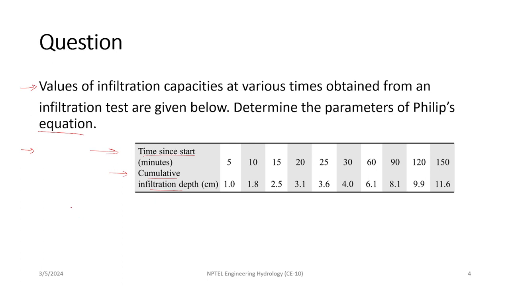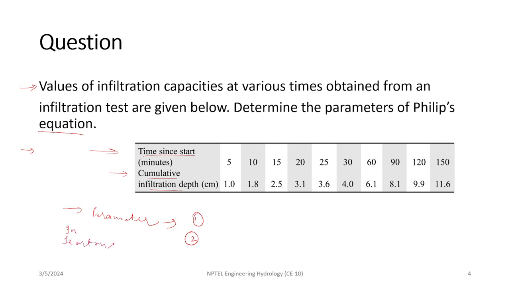So firstly, I want to ask what those parameters are. We should first know what the parameters are, and only then can we quantify them. So kindly let me know. There are two major parameters. In similar fashion, we already discussed Horton's equation, right?